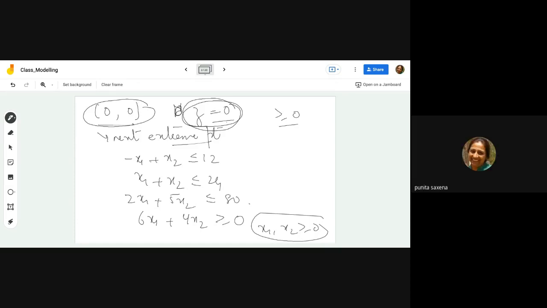The objective function will always be greater than or equal to 0, because that's the initial solution we are starting with. If x1 = 0, x2 = 0 is optimal, the value of the objective function will be 0. That's why we are starting with maximization only. For maximization problems, what is the minimum value the objective function can take? 0.